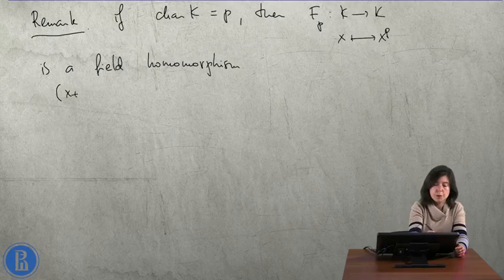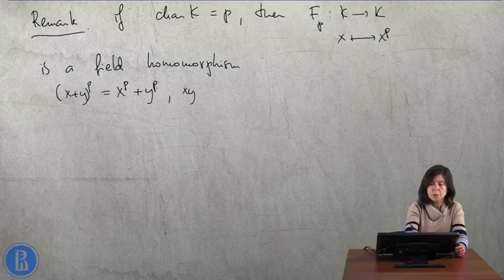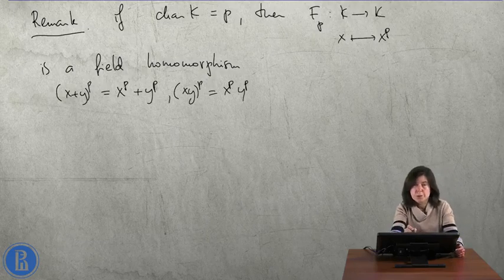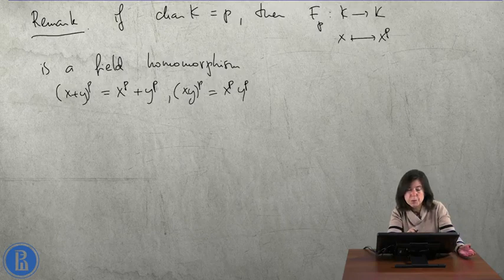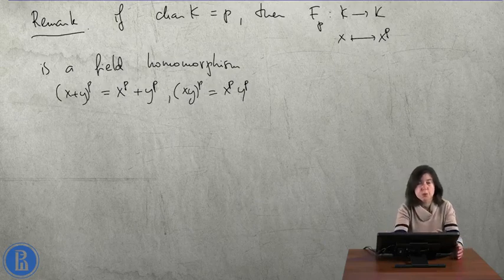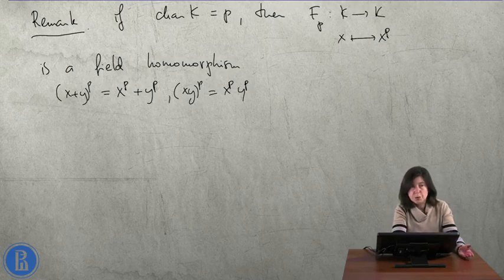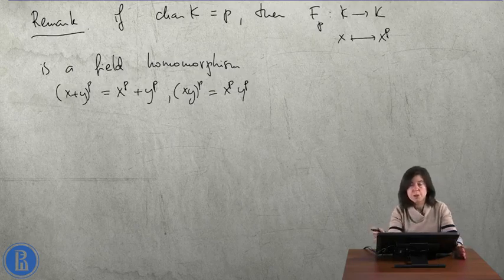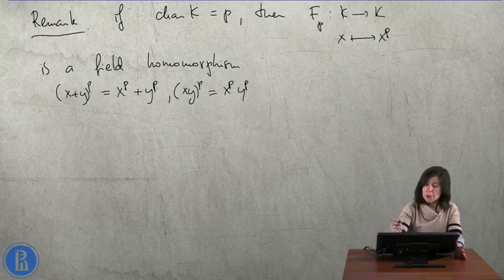That is, x plus y to the power p is equal to x to the power p plus y to the power p, and xy to the power p is equal to x to the power p, y to the power p. The second property is, of course, true in all fields, and the first is particular for characteristic p, because if you decompose this x plus y to the power p by the binomial formula, almost all coefficients will be divisible by p, so will vanish in a field of characteristic p. So one calls it Frobenius homomorphism.